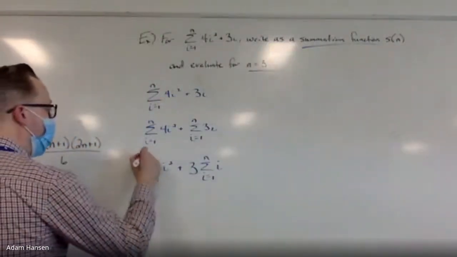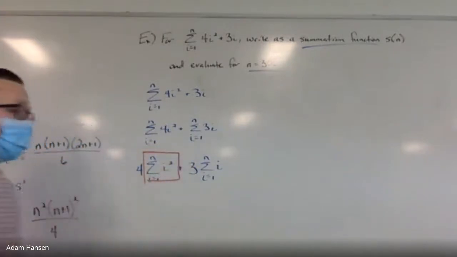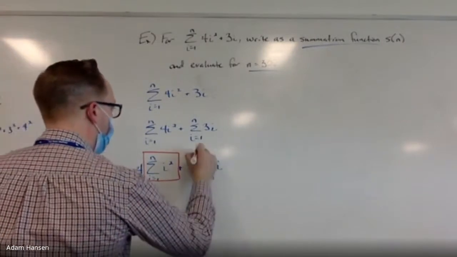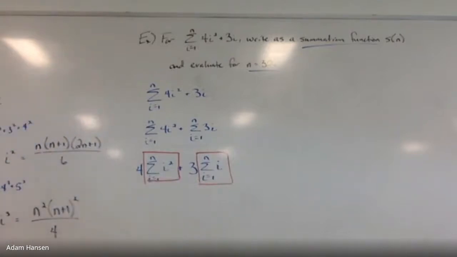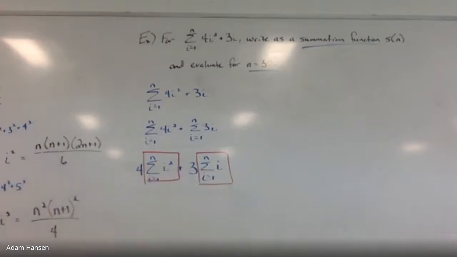I have a defined summation formula for the summation of i squared, the first n perfect squares. I also have another summation formula, the summation from i equals 1 to n, for the first n integers. So let's replace those summations with what they're equal to in terms of n. I'm going to replace the summation from i equals 1 to n of i with this expression here. Does that make sense?